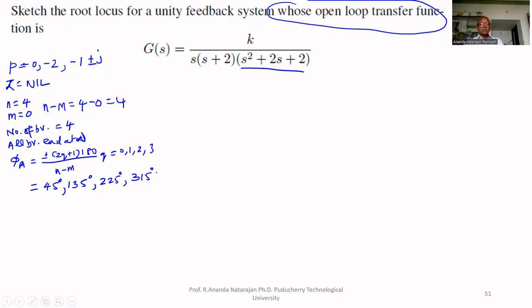So these are the angles at which the asymptotes approach infinity.